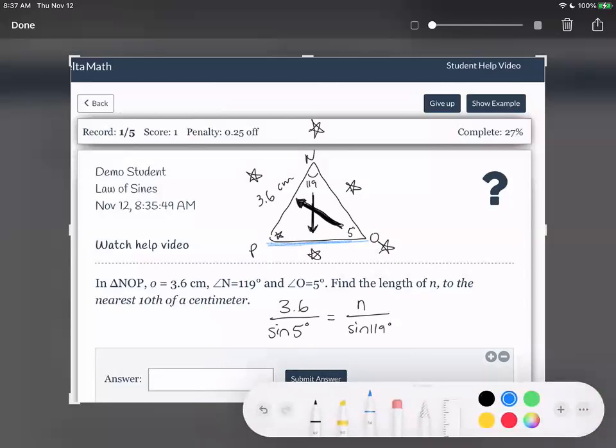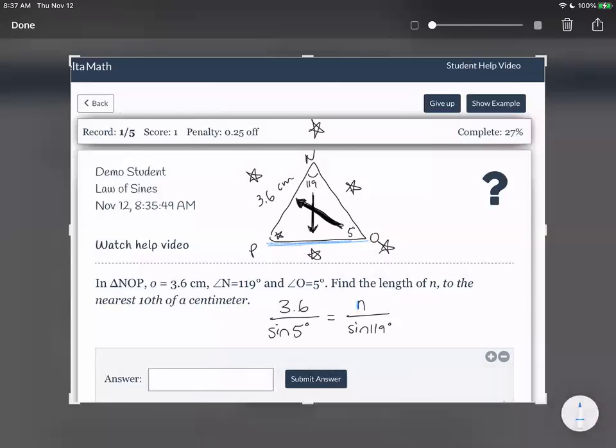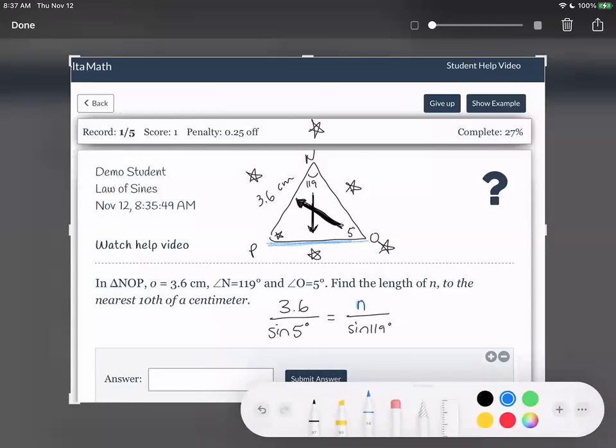And of course, the N is the thing that we want. Any questions about how we set that up? So it's side length over sine of the angle across from it.